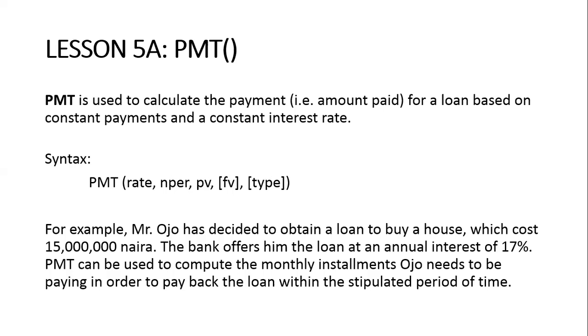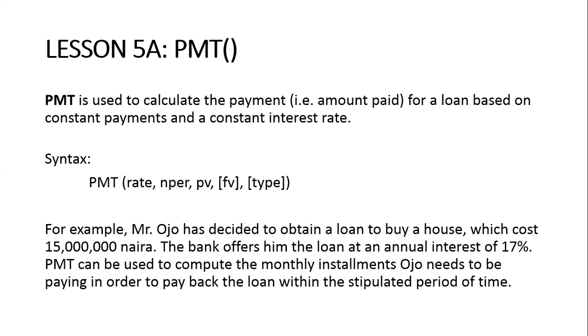What is the PV? Present value. What does it represent in this scenario? 15 million. Yes, that's the amount of the loan taken. That's the PV. So there has to be a PV in this kind of situation.